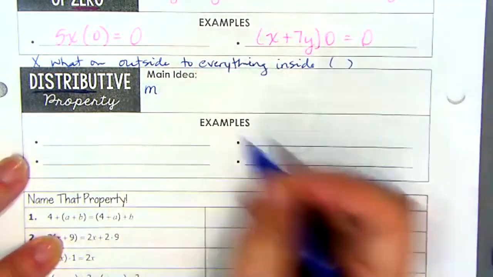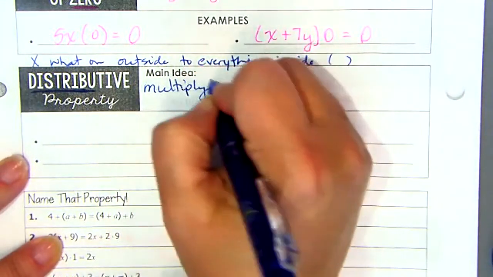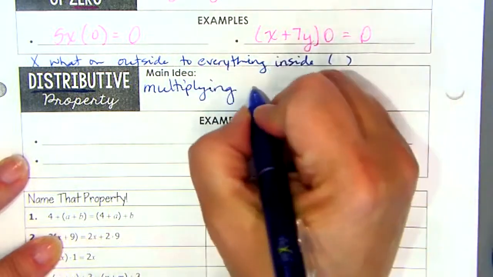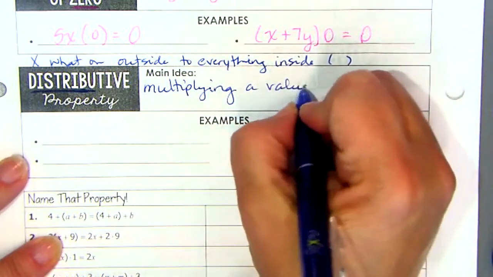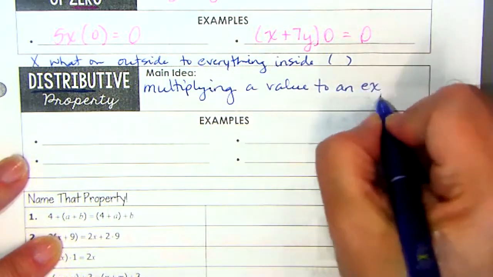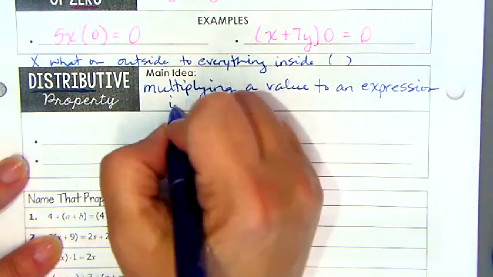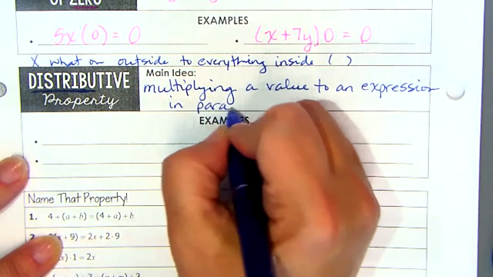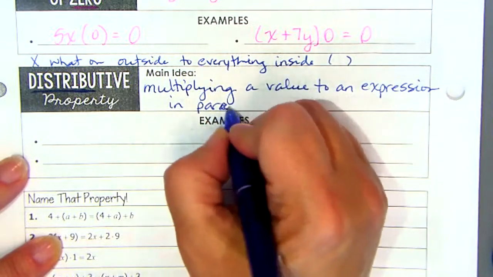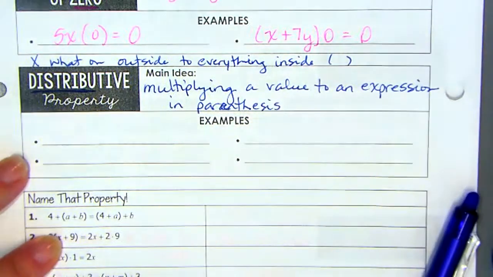So a more mathematical way is multiplying a value to an expression in parentheses. So you multiply what's on the outside to everything on the inside.